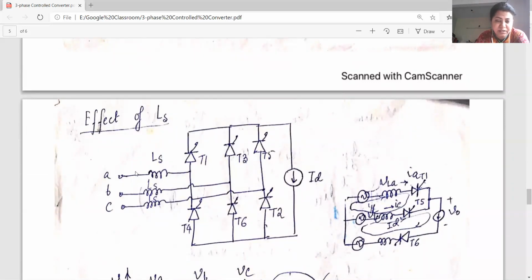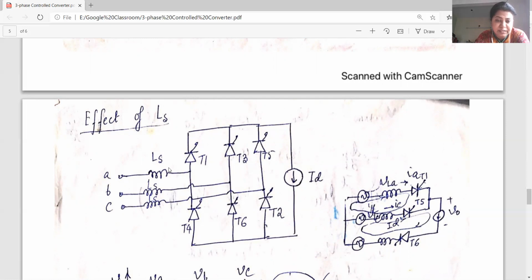The effect of LS we had learned in the case of the single phase control converter. The LS is the AC side inductance. Generally it represents the inductance of the primary or the secondary side of the transformer. Now the function of this LS is to provide a commutation interval where two thyristors will function together, providing a short circuit in the output, and the output will become 0.